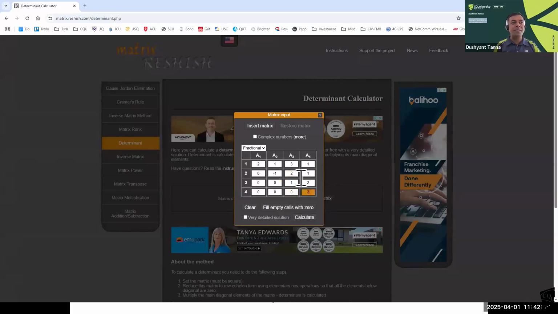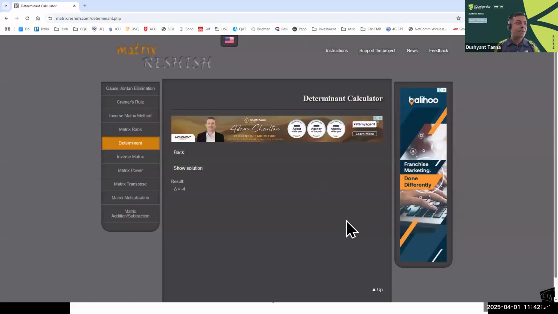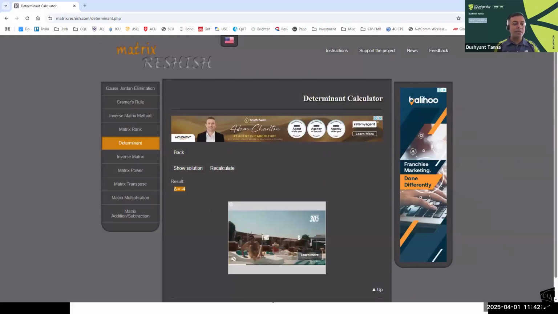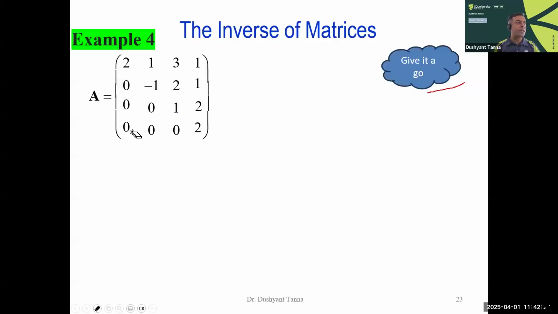So whatever empty cell, you just fill it up, but I prefer using a tab and typing everything. And it will say determinant minus 4, which we knew anyway, because we knew it's an upper triangular matrix, and therefore the determinant is the product of its principal diagonal elements.